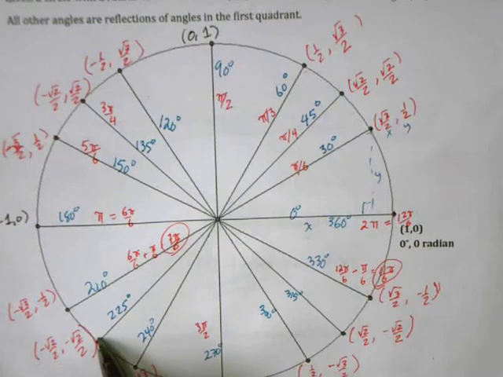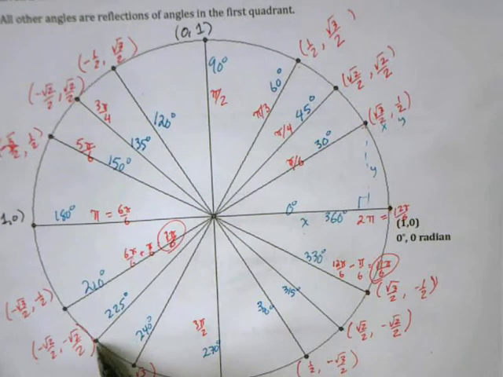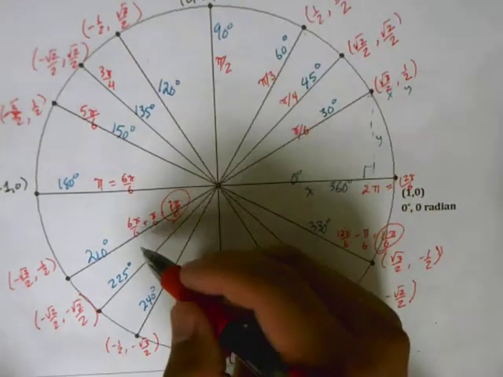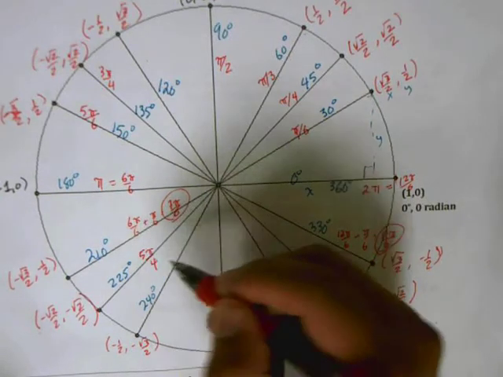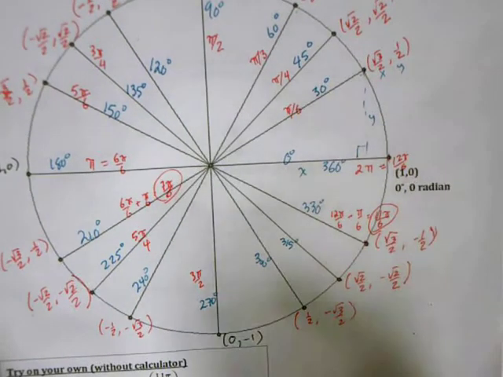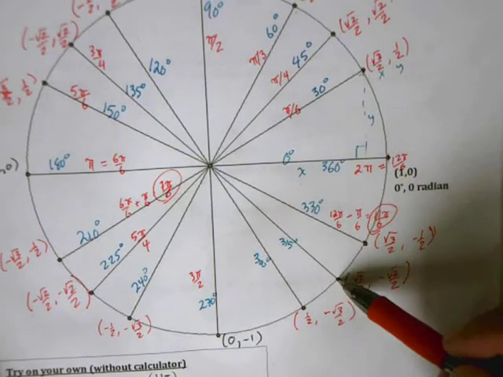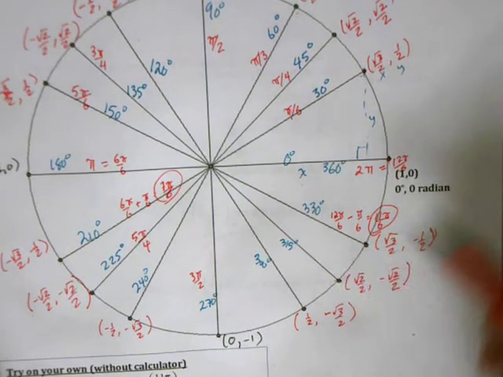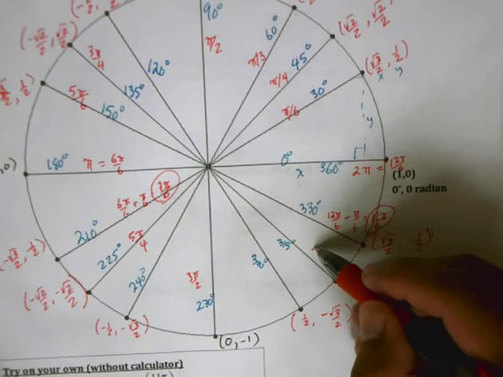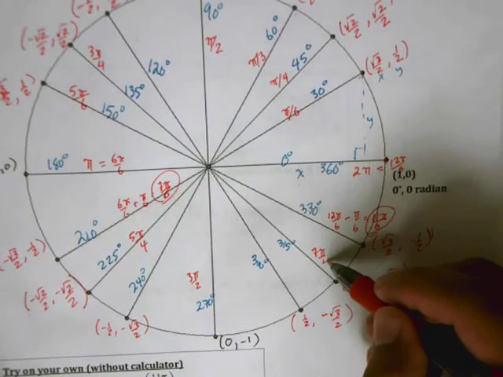Getting to this point down here, pi increasing by pi over 4. So that's 5 pi over 4. Getting to this point right here is from 2 pi, going back and subtracting a pi over 4. So that's 7 pi over 4.